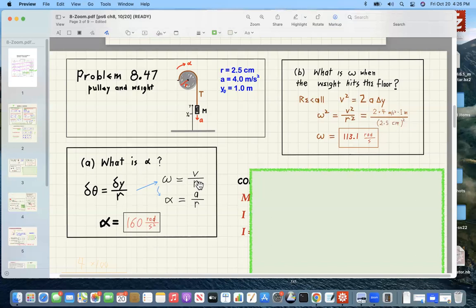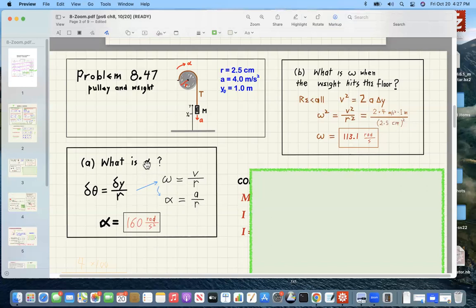See, r doesn't change with time. R is a constant, it's just the radius of this disk. And delta v over delta t is the acceleration of the end of the string, or the acceleration of the block. So alpha is a over r.